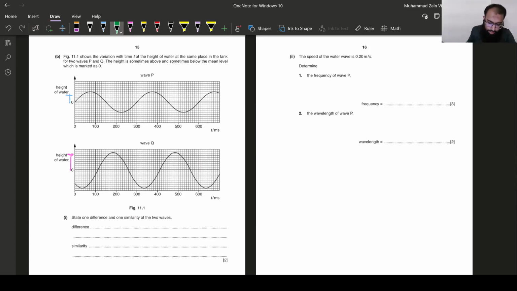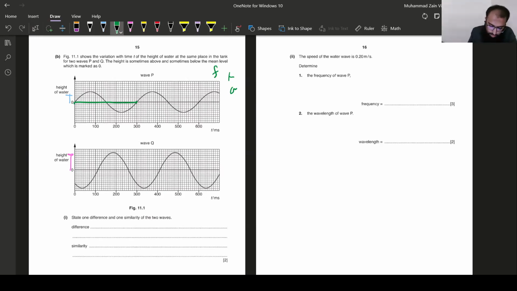Next, coming to the similarity. When it comes to similarity, first try to analyze these basic values: one would be frequency, another the wavelength, and another the amplitude A. I can't tell the frequency, or I can, but for that I'll need the wavelength.